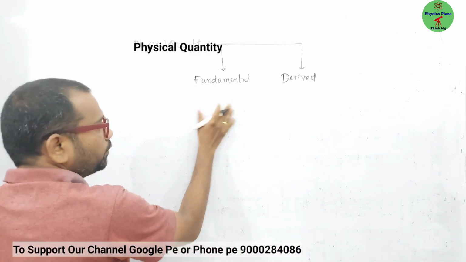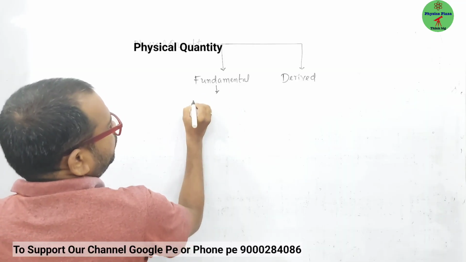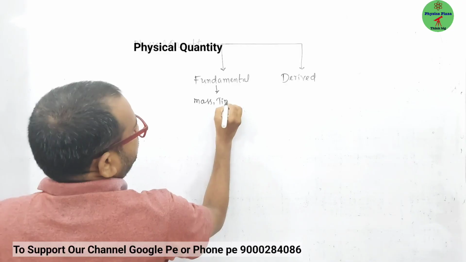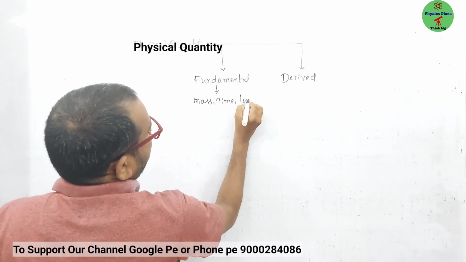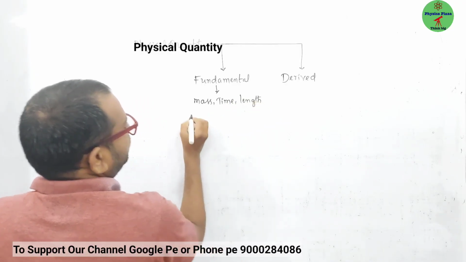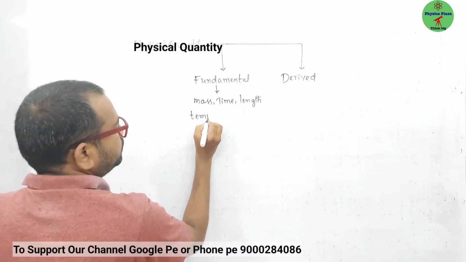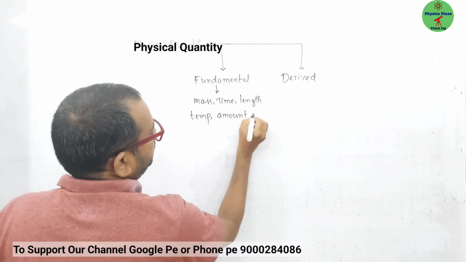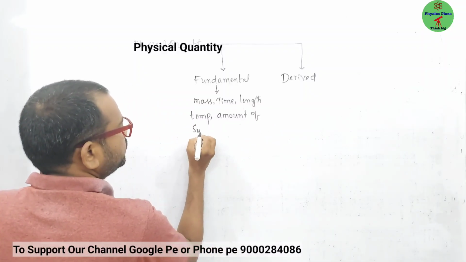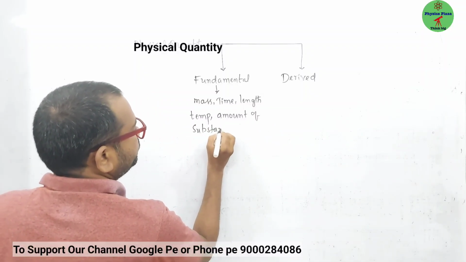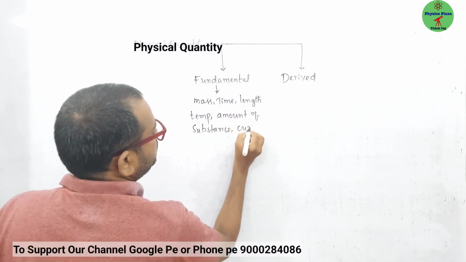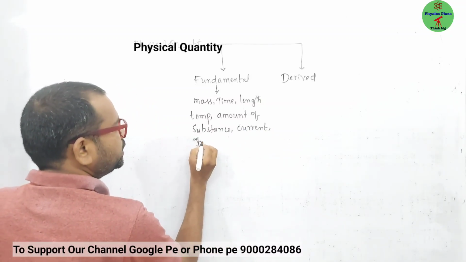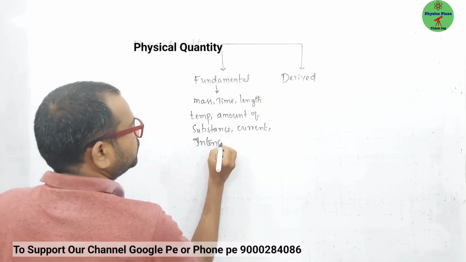Under fundamental quantities, children, try to understand: mass, time, length, temperature, amount of substance, electric current, and luminous intensity, or intensity of light.